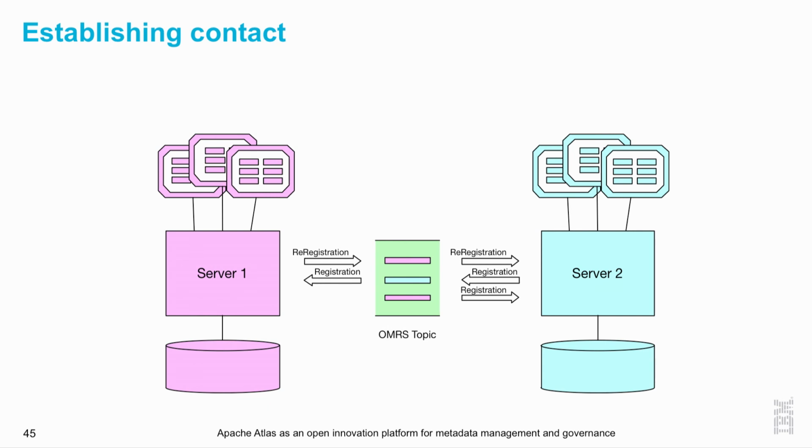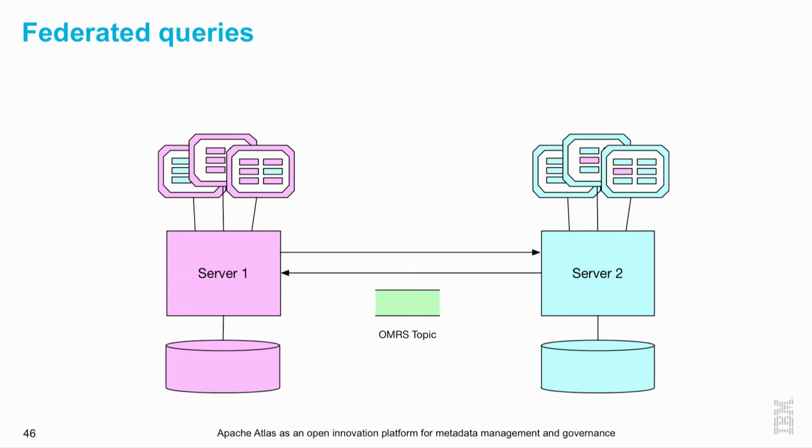But when the second server comes in, there's an exchange of messages, and the two are now able to talk. By that, they can each make requests to each other. So here we see that the requests from server 2 are now picking up pink metadata as well as blue metadata, and vice versa for the other server.